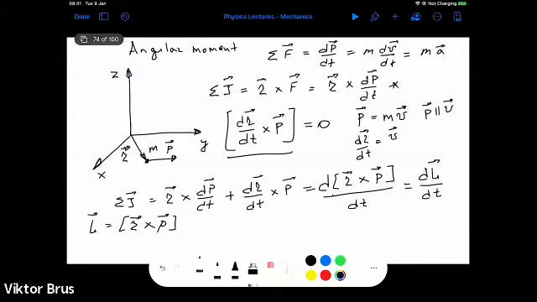So the units for angular momentum will be the following. We have linear momentum, and linear momentum is the product of mass and velocity.